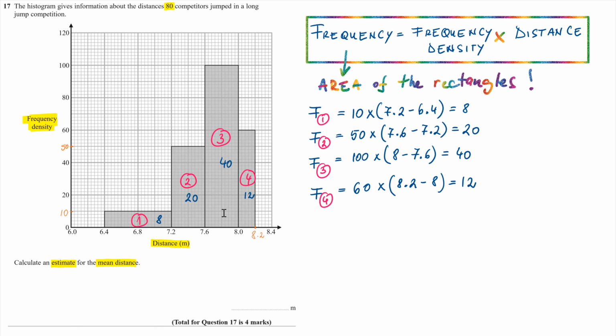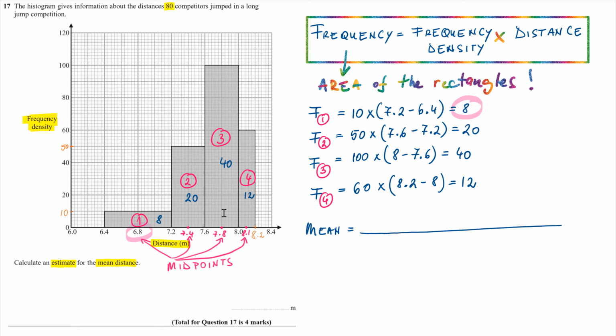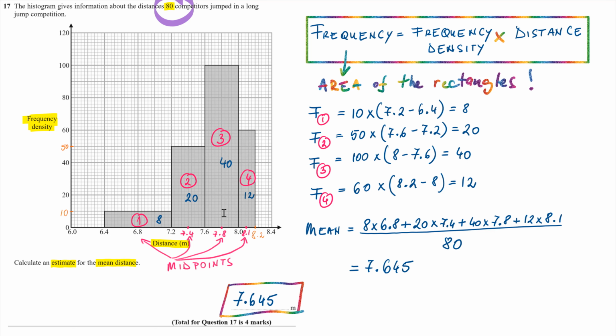To calculate the estimate for the mean, we need the sum of frequency times midpoint for each of the sections. That is 8 times 6.8, the midpoint of the first section, plus 20 times 7.4, the midpoint of the second section, plus 40 times 7.8, plus 12 times 8.1, divide by 80, the total frequency, and this is equal to 7.645.